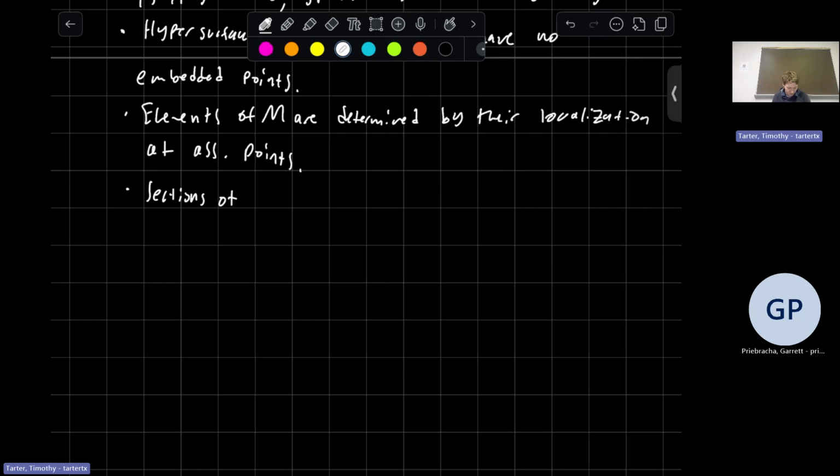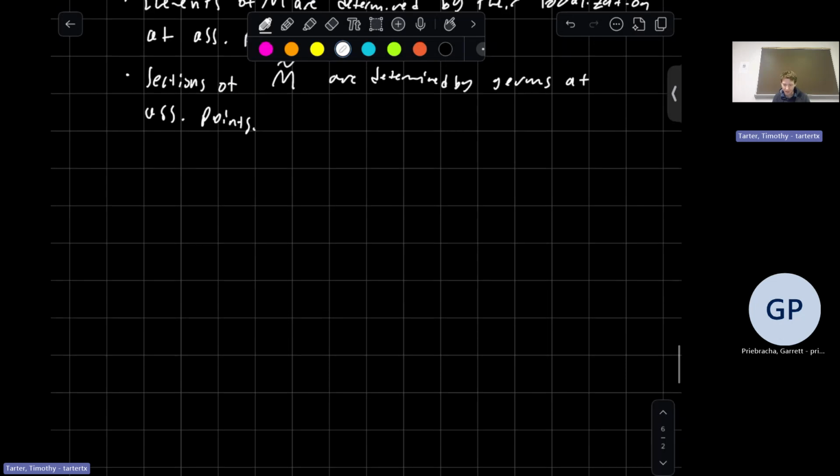Sections of the sheaf are determined by germs at associated points. My hand is getting tired.